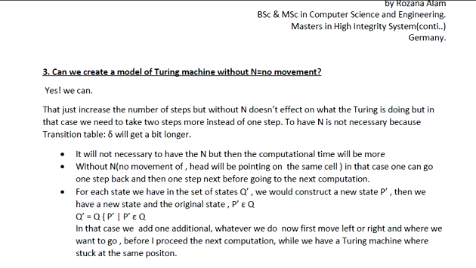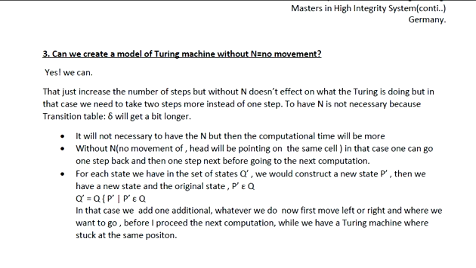How can we make it? Suppose we have a set of states Q, and we construct a new state Q prime, and then we can make this P prime, which belongs to the original states, and in that case we will have an additional movement.